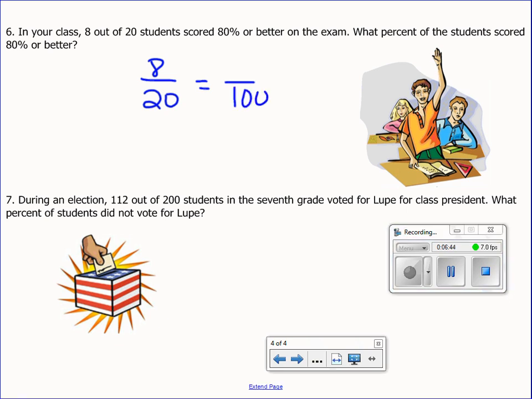Set that up in a proportion. Now, usually when you want to simplify, it's to help you. But if you can do this mentally, I would just leave this right here, because 20 times 5 is 100, so 8 times 5 is 40. So 40% of the class scored 80% or better on their exam.